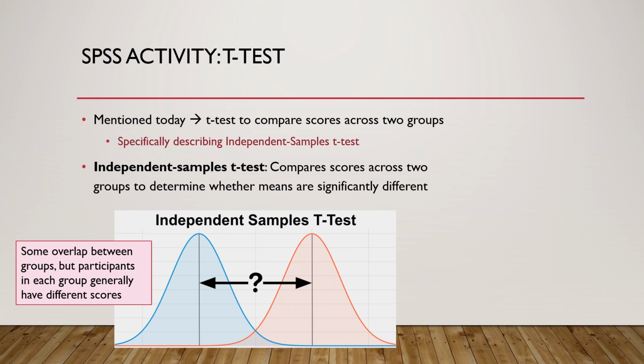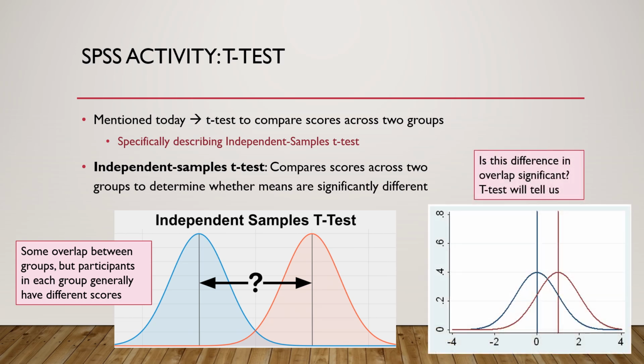But in general, are most of the blue scores lower than most of the red scores? Is the amount of variance in the blue scores leading you to believe that something systematic is happening in blue that is different than what's happening in red, such that those means are statistically significantly different from each other?